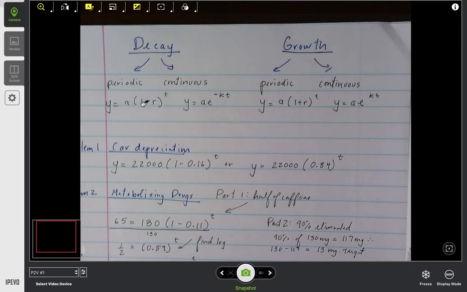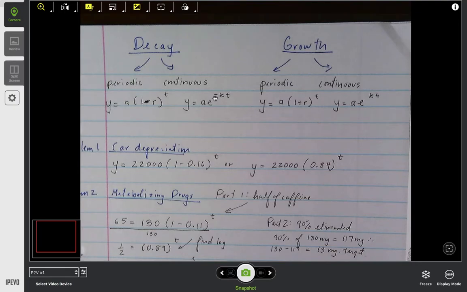This is a subtraction sign, by the way. Notice that the equations that go along with them are pretty similar. Some of the obvious differences are that for decay, you have 100% of what you begin with and you're subtracting some amount, whereas with growth, you begin with 100% and add on some value. The continuous equations are identical with the exception of the sign of k.